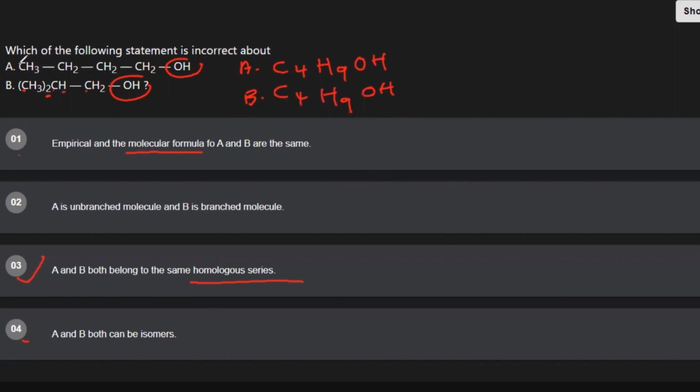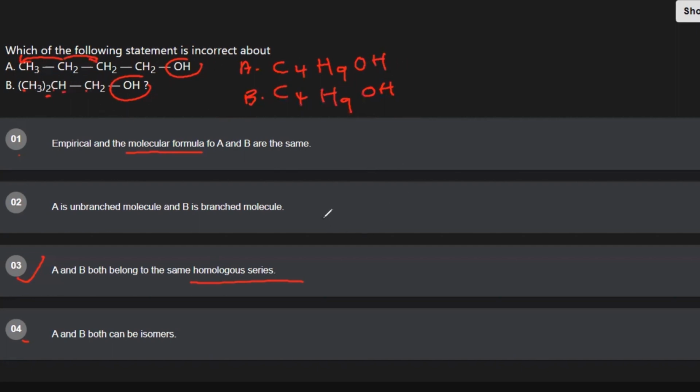Clearly here, A is talking about a carbon chain that is connected one after the other. This carbon is connected to one carbon. This carbon is connected to this first carbon and the third carbon, and the chain goes on. But what does this bracket mean?